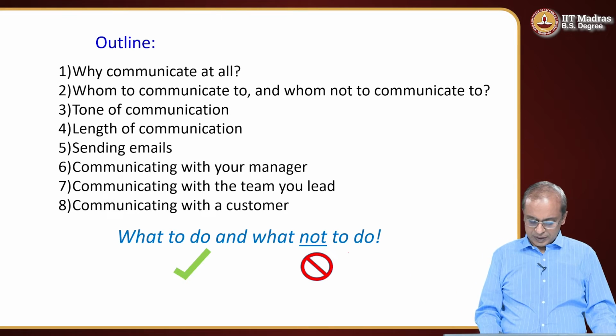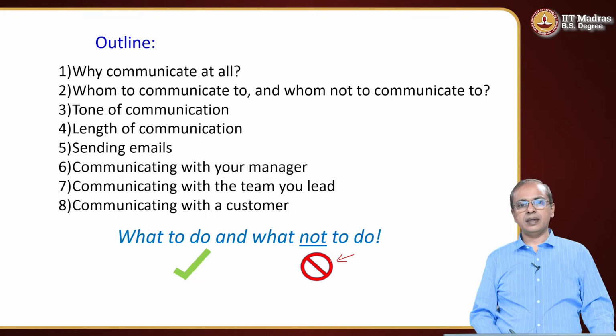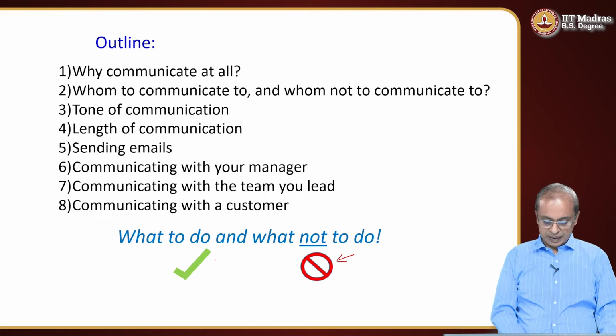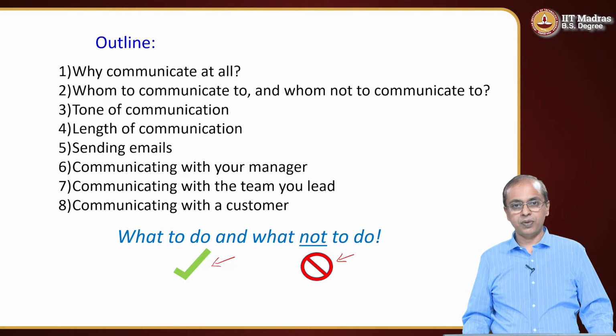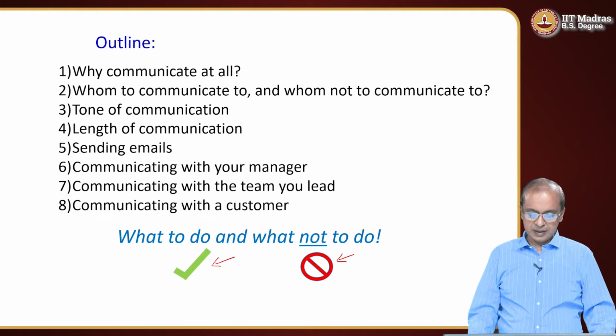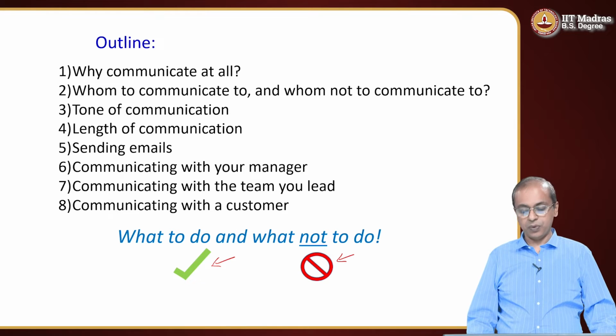And if it is wrong, you will see it written in red with this kind of an indicator next to it, telling you that that is not what you should be doing, and then the right example will be written in green with this kind of an indicator telling you that that is the correct way to go about it. Okay, so keep track of these, and then we shall have a reasonably good understanding of how to go about this.